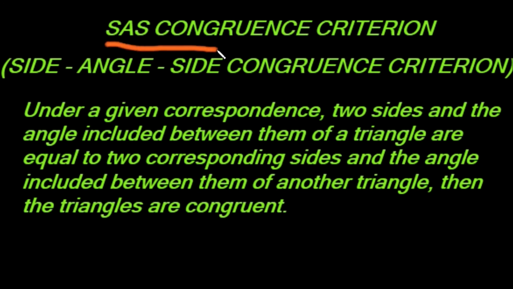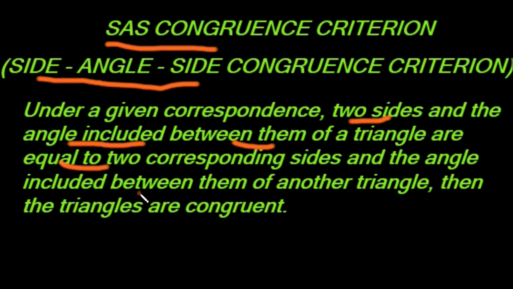SAS congruence criterion. SAS stands for side-angle-side congruence criterion. Now the definition is, under a given correspondence, two sides and the angle included between them of a triangle are equal to two corresponding sides and the angle included between them of another triangle.